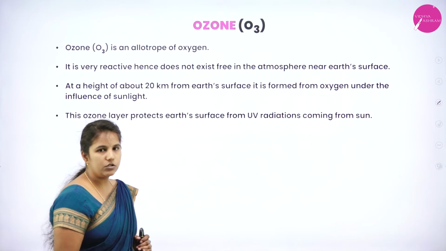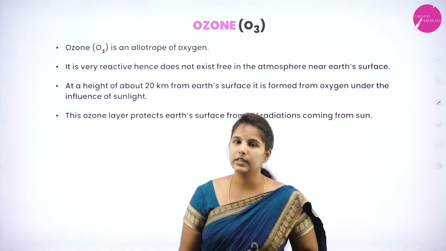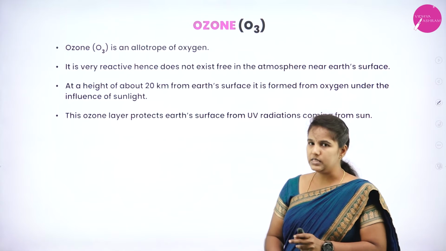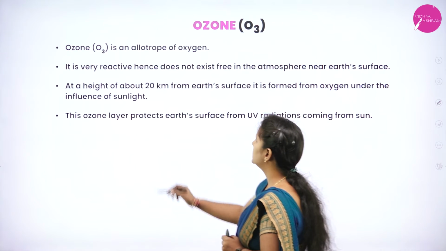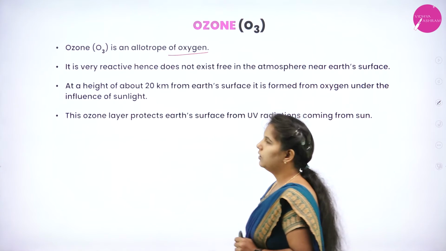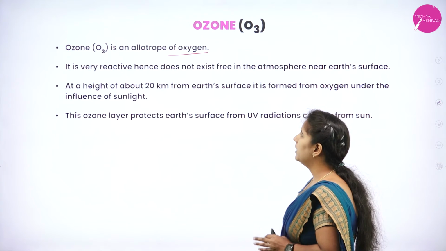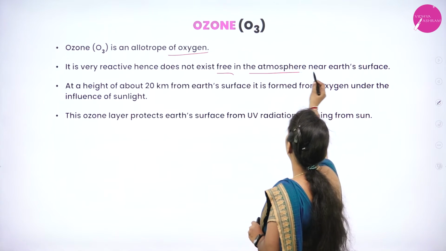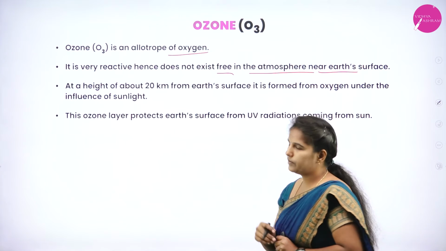Coming to the allotrope of oxygen, that is ozone. Ozone is represented as O3, and we know it is an allotrope of oxygen. It is highly reactive, hence it does not exist freely in the atmosphere near the Earth's surface.